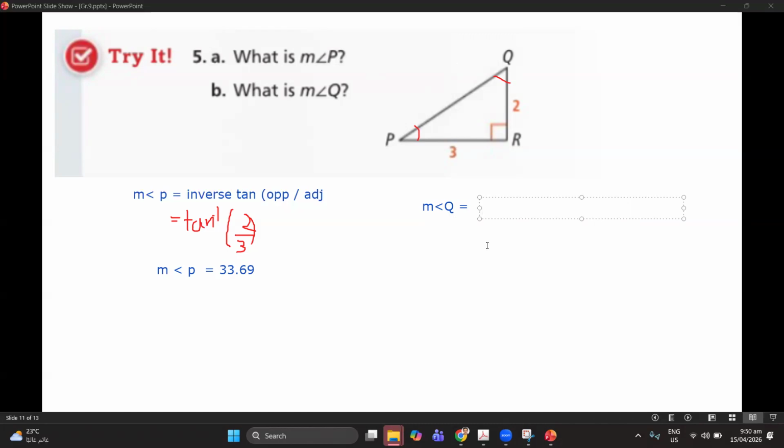Inverse of tan. So inverse tan of what? What's the opposite for angle Q? 3 over 2. Using your calculator, what's the measure of angle Q now? 56.3.